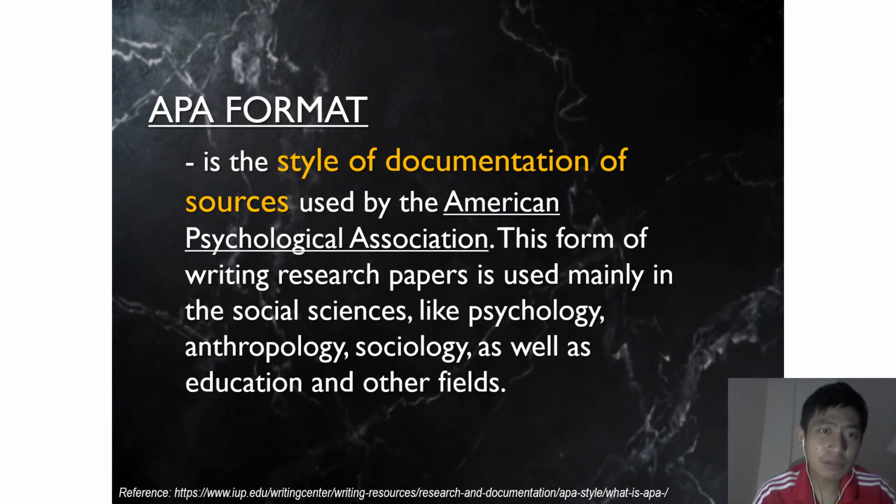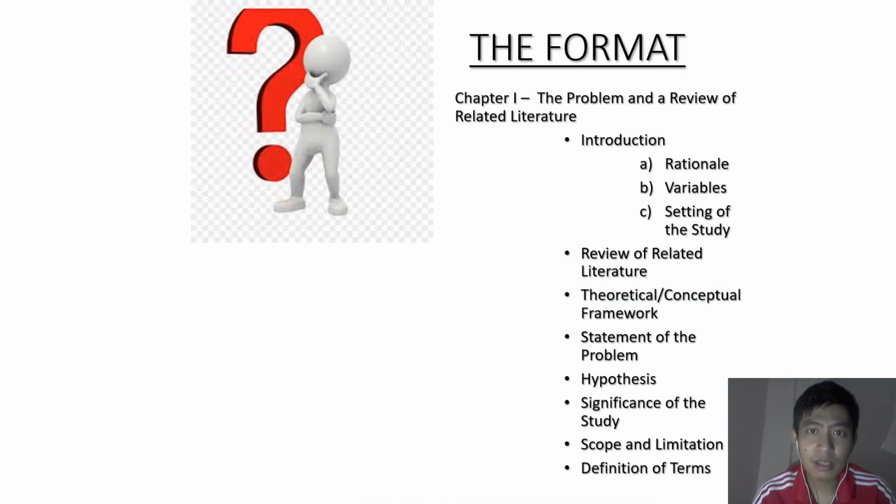So our paper should be in the APA format, or the American Psychological Association format. This form of writing is used mainly in the social sciences like psychology, anthropology, sociology, as well as education and other fields. In the format, we have chapter 1. What is included in chapter 1 are the introduction, the problem, and the review of related literature.